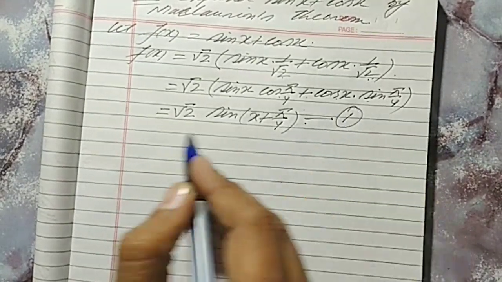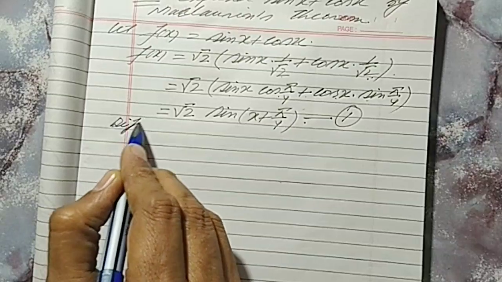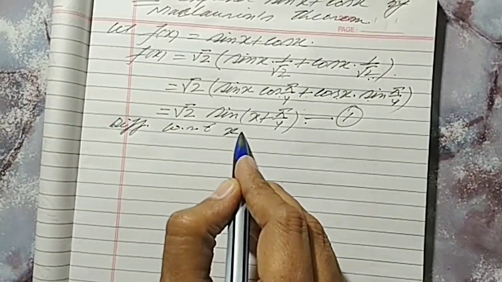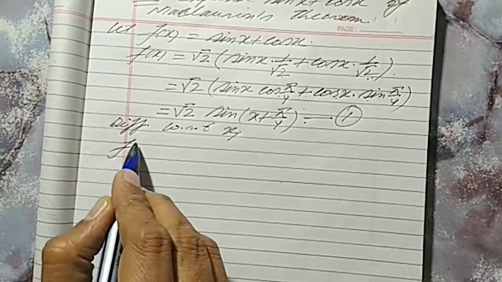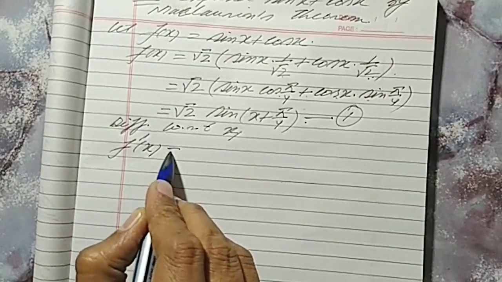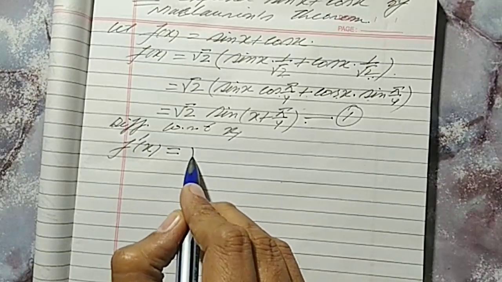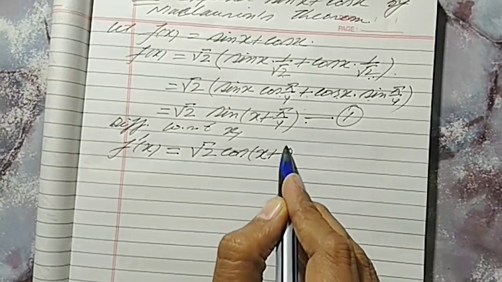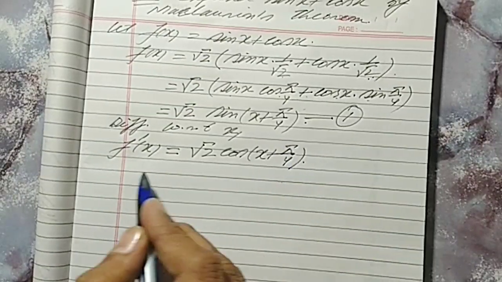Make it 1. Now differentiating with respect to x, we get f dash x is equal to under root 2 cos x plus pi by 4.